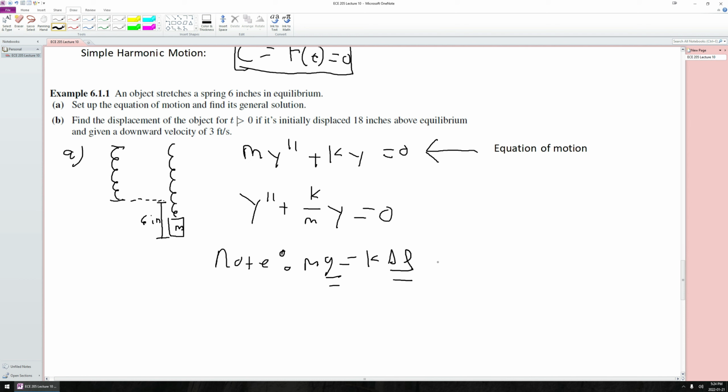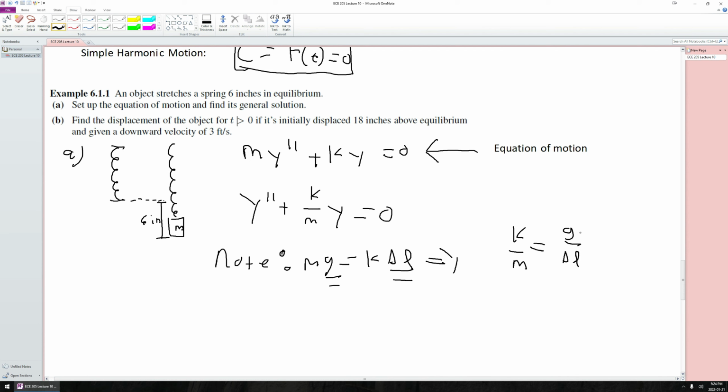So this allows me to solve for k divided by m. All I have to do is divide by m and divide by delta L. So k over m is simply equal to g divided by delta L. Knowing derivations is important precisely for the ability to solve questions like this.